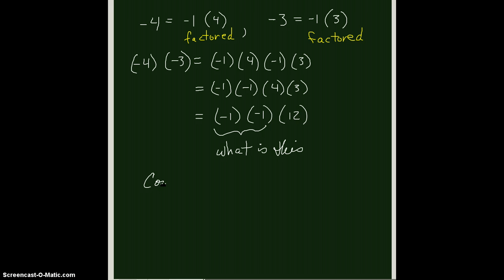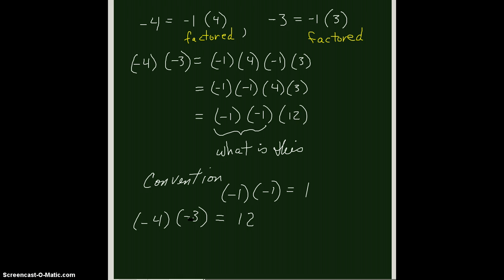Well, we have a convention. And the convention says that minus 1 times minus 1 equals positive 1. And it holds really nicely. It makes everything work, basically, because this comes out to be positive 12, right?